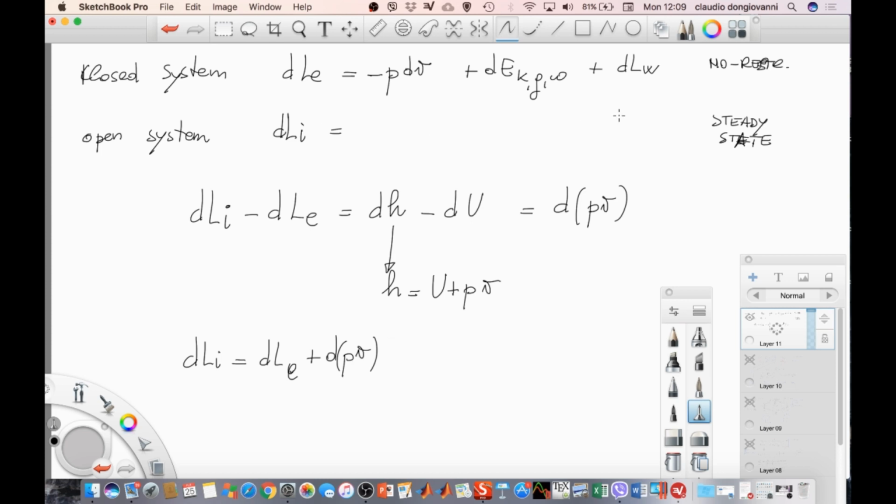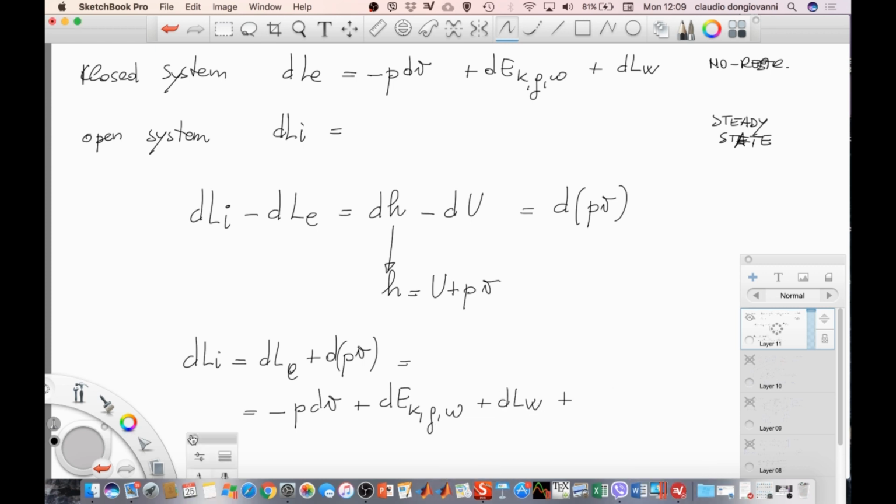It was minus P dV, plus d Ek G omega, plus del LW, plus d(PV), that is P dV plus V dP.